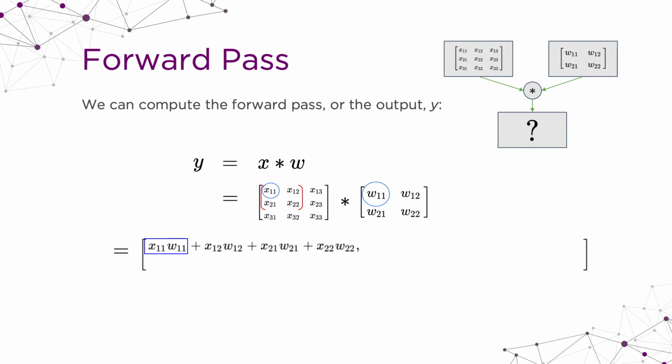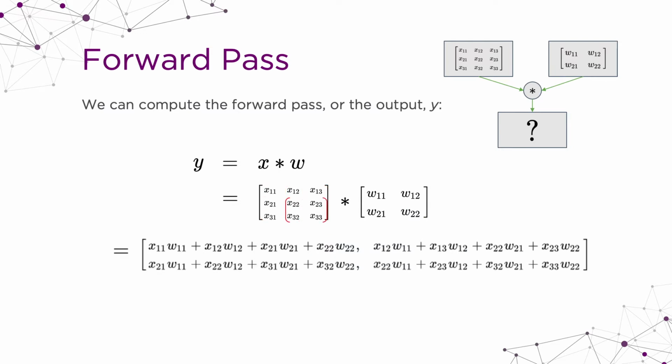We have x11, we multiply that by w11, it gives us this term here. We then perform the same thing for x12 and w12, x21, w21, and x22, w22. And we sum all of these together. That gives us our first output in our matrix.